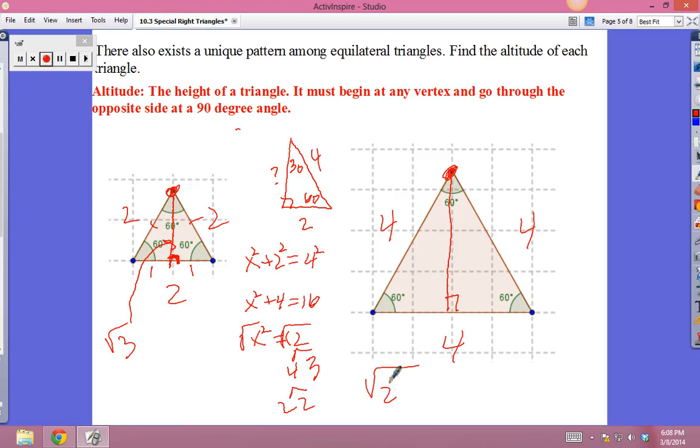So 12 is 2 squared times 3. And so at the end of the day, it is going to be 2 square roots of 3. So let's see if we can figure out the pattern. This was 1 square root of 3. This one is 2 square roots of 3.